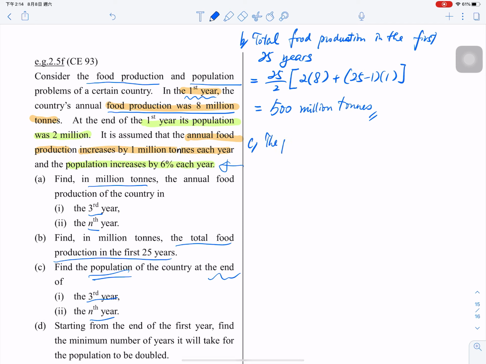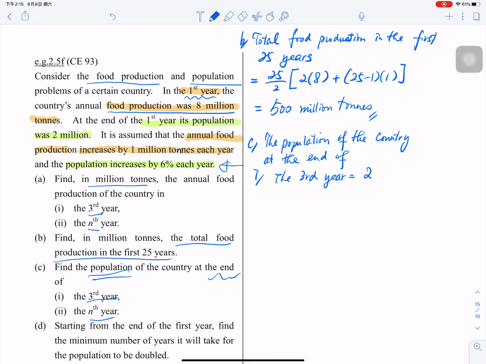So the population of the country at the end of part 1, at the end of the third year, is 2 times 1 plus 6% each year, and here 3 minus 1, so it's power 2. So 2.25 million.